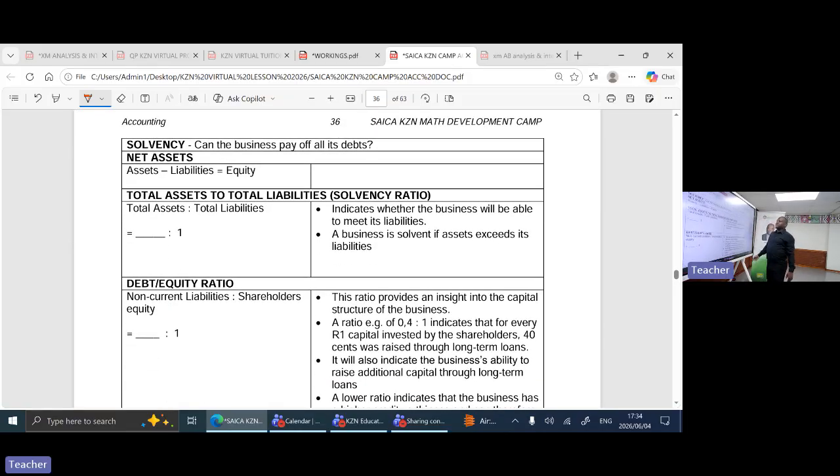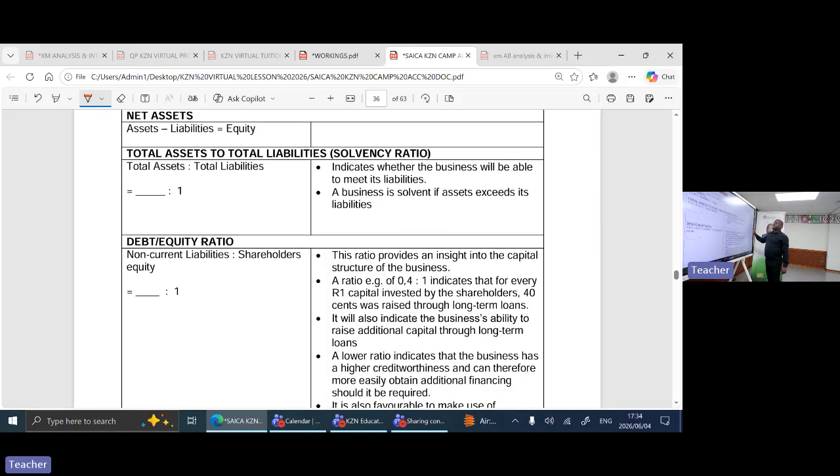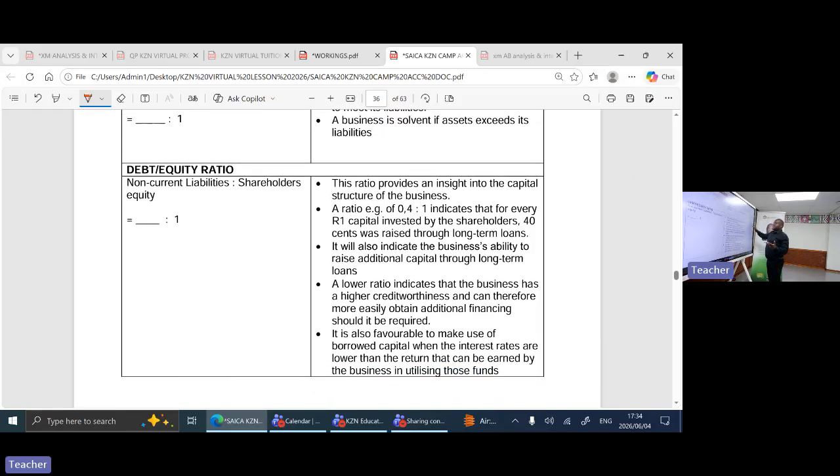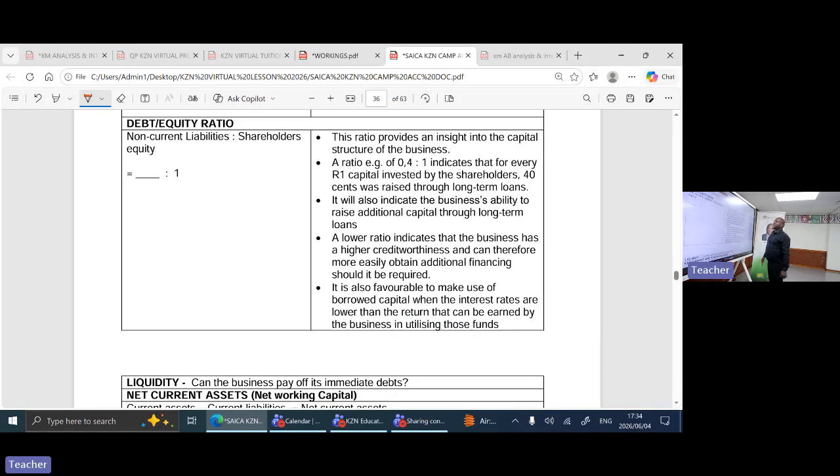Then we also have solvency. I spoke about solvency. It indicates whether the business will be able to meet its liabilities. And then we also had the debt equity ratio, which provides insight into the capital structure of the business.